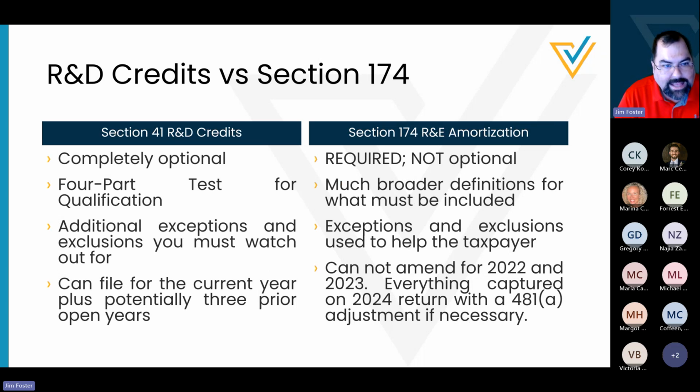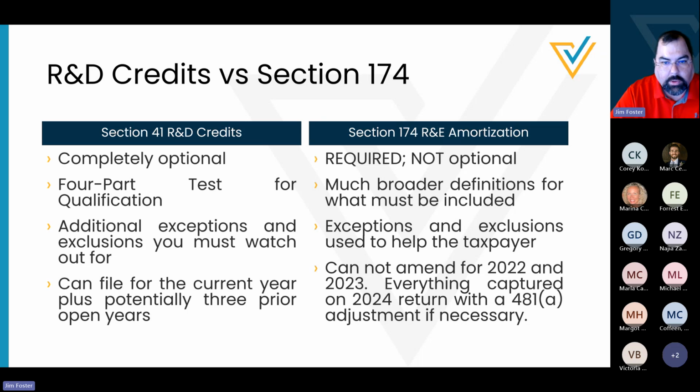Section 41 as a tax credit is completely optional. It has a 4-part test for qualification. There's additional exceptions and exclusions you have to watch out for. And you can go after the 4 prior years, or 3 prior years plus the current year, for a total of 4 years.